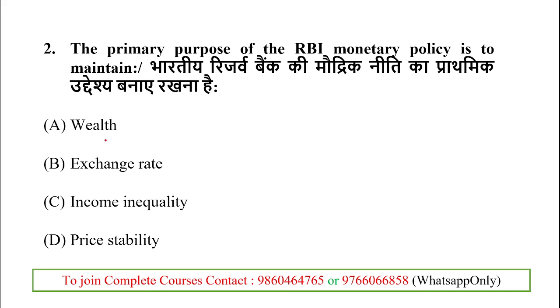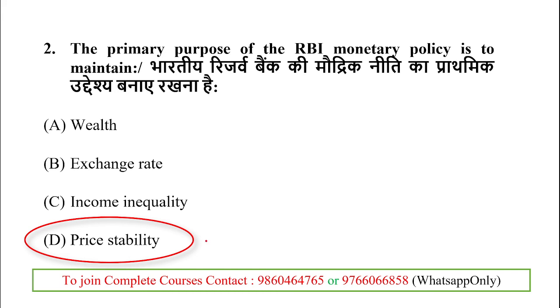The options given are wealth, exchange rate, income inequality, price stability, etc. These are all purposes related to monetary policy. But we want to select the correct answer for the question, that is the primary purpose, and the answer is price stability. So price stability is the answer for the primary purpose of the RBI.